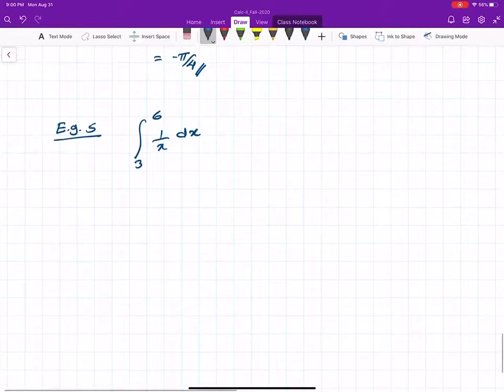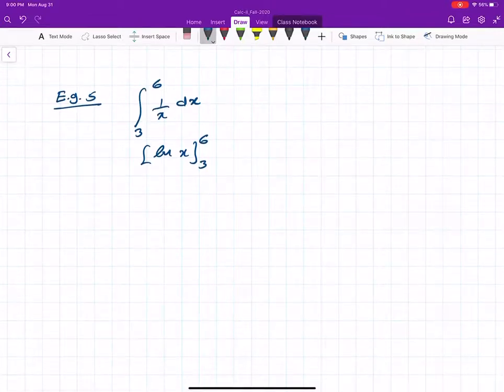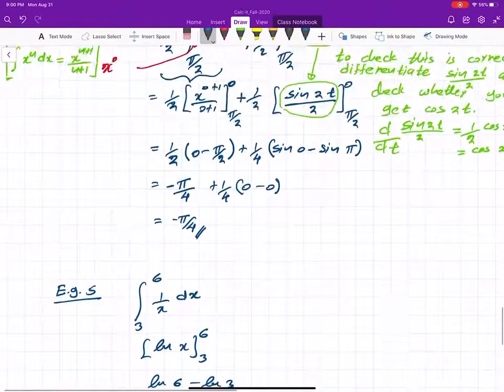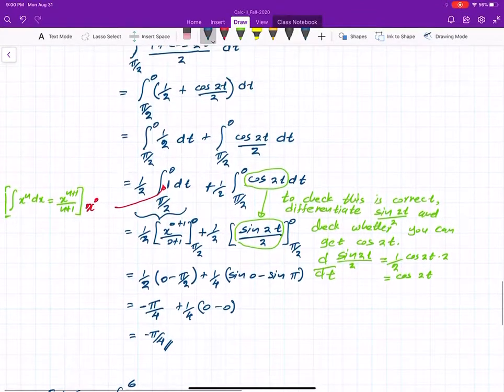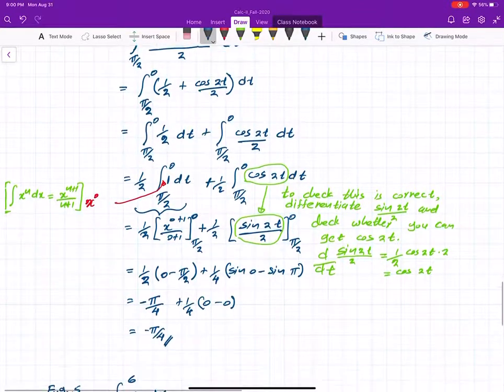This is easy. There's a direct formula for that, which is ln x. Then you have to apply the lower and upper limits using fundamental theorem of calculus part 2, which is ln 6 minus ln 3.